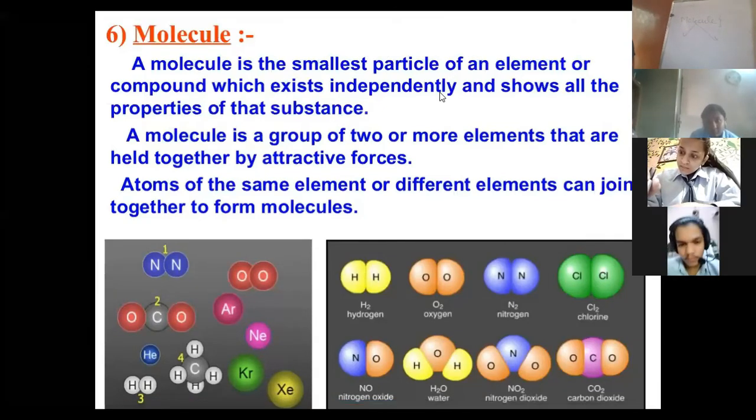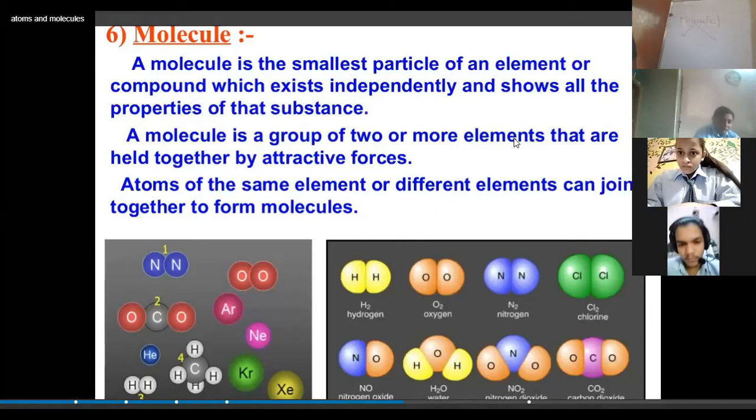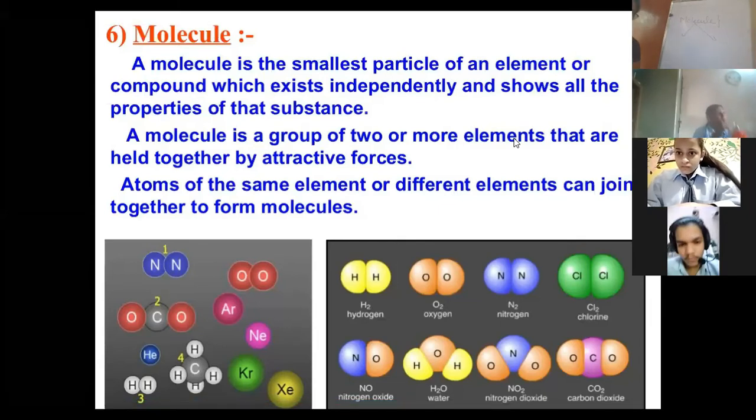A molecule is a group of two or more atoms held together by attractive forces. So we have molecules of an element, where one, two or more atoms of the same element exist in the free state. We have monoatomic molecules, diatomic molecules, tri- and tetra-atomic even, and so on, and polyatomic molecules also.